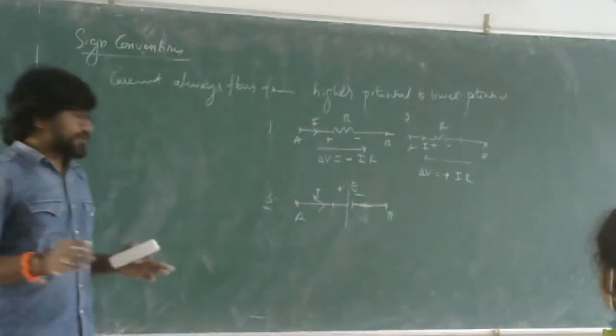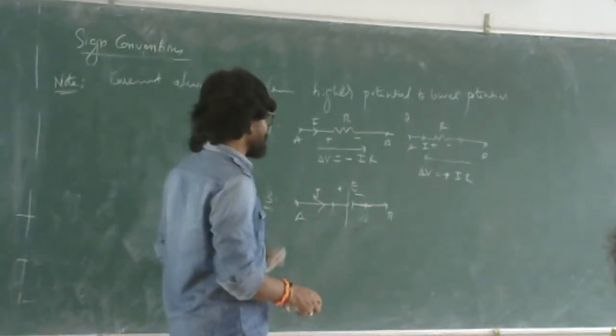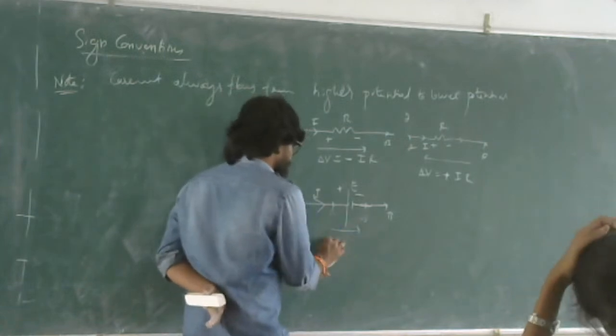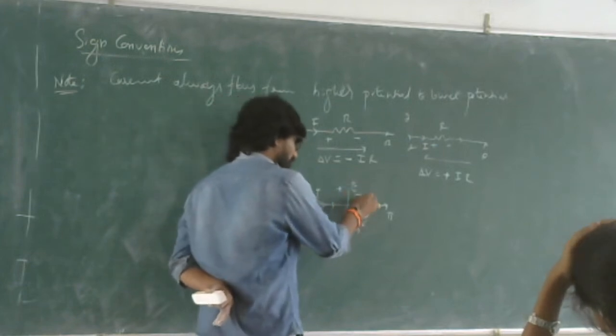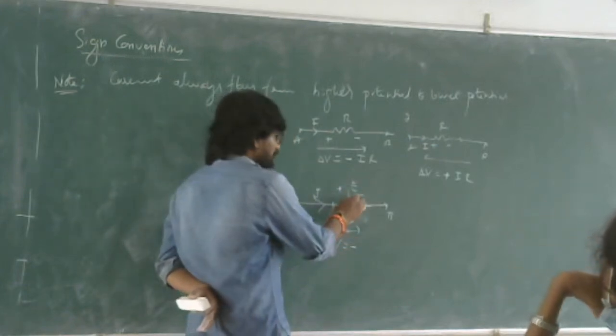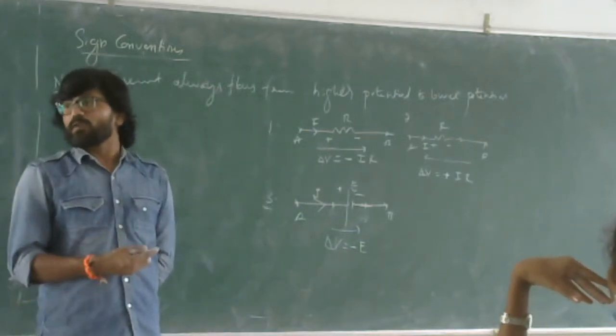Irrespective of the current direction, in the case of cells, if you are going in this direction, you are going from plus to minus, so delta V is equal to minus E. Got it? A negative potential difference will be there.